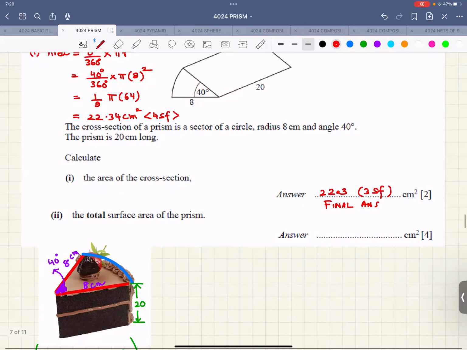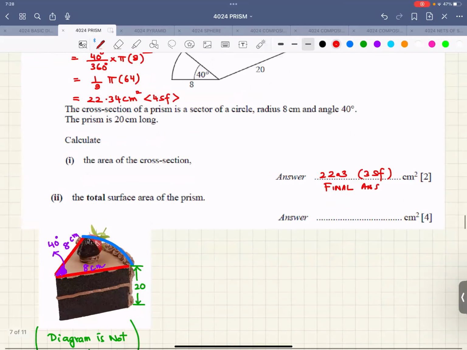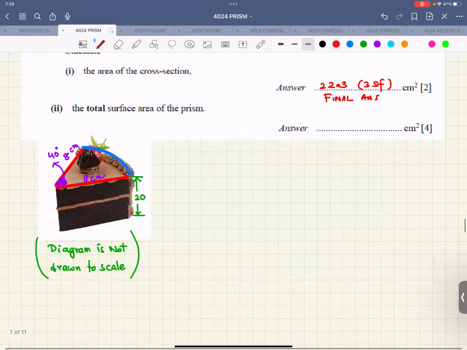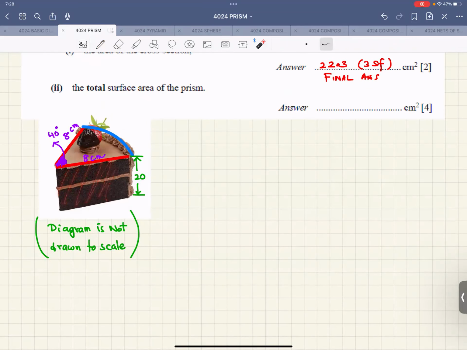Okay, now it says the total surface area of the prism. Now for total surface area, what do we need? We have this wall, which is an 8 by 20 wall, a rectangular wall. The same is on the other side of the cake. And then there is the top, which is a sector.